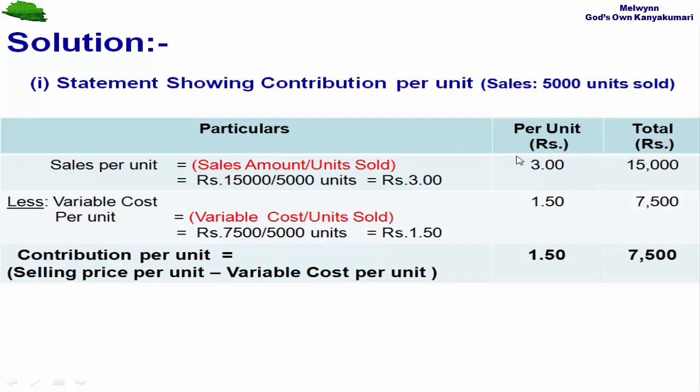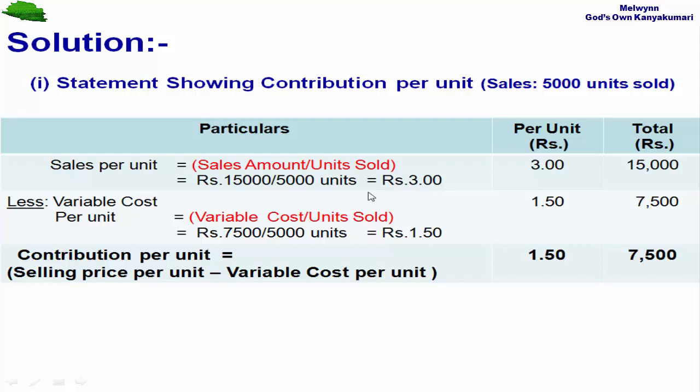Then below particulars column, first sales per unit. The formula is sales amount divided by units sold. That is rupees 15,000 divided by 5,000 units is equal to rupees 3 per unit.